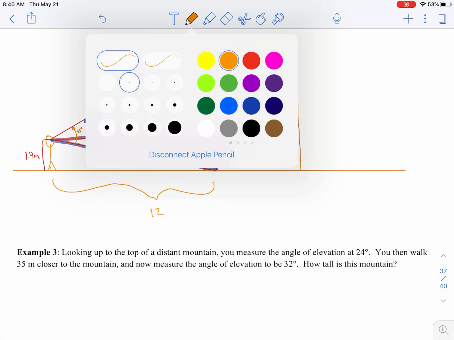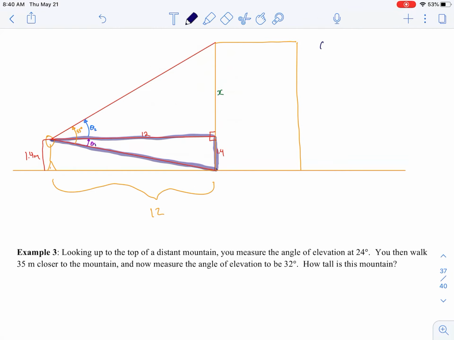So to solve for theta 1, or that first angle here, we can use SOHCAHTOA. So we have to think, this is the opposite over here, 1.4 is the opposite, and 12 is the adjacent in this case. What trig ratio uses opposite and adjacent? That'd be tan. So we can say that tan of theta 1 is equal to opposite, which is 1.4, divided by 12.